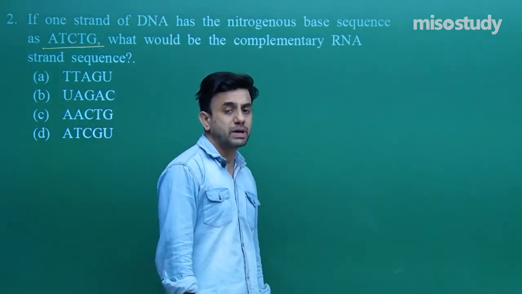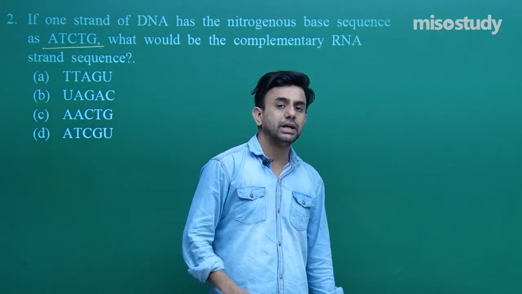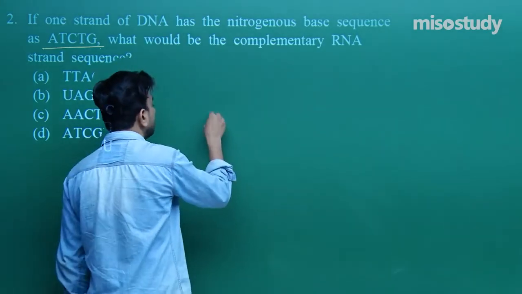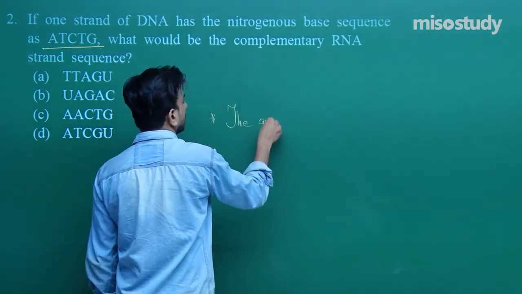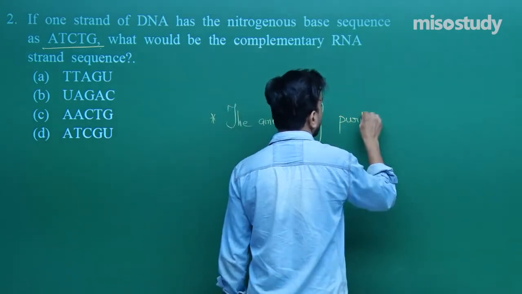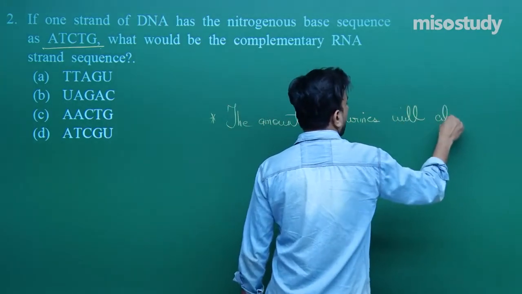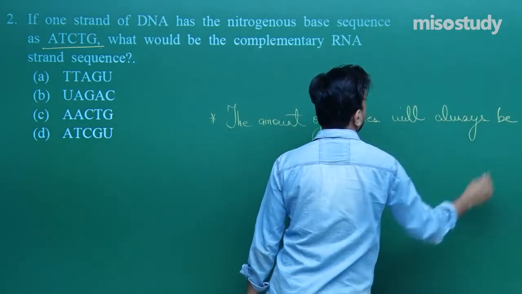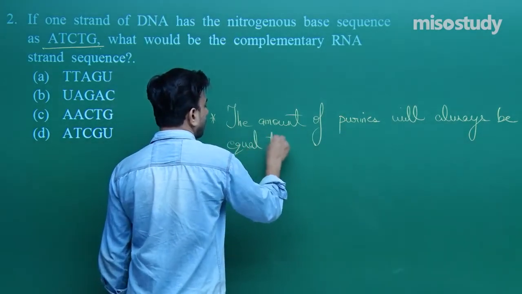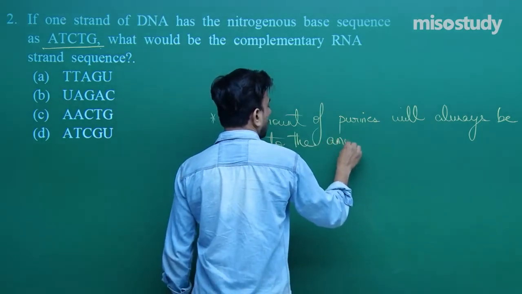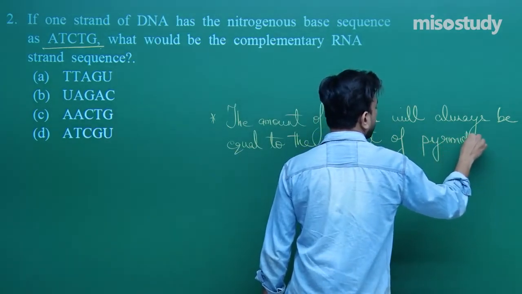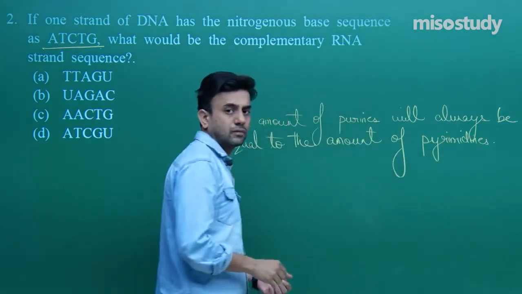Whenever we are talking about the nitrogenous bases, one thing is the amount of purines will always be equal to the amount of pyrimidines, right?